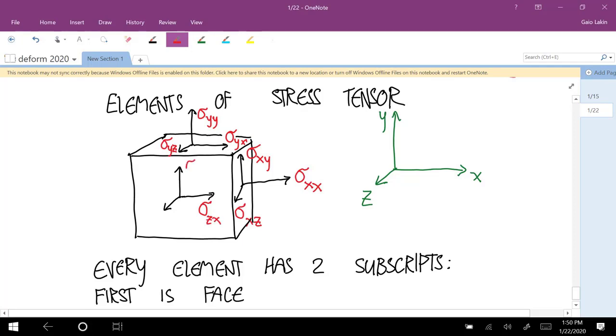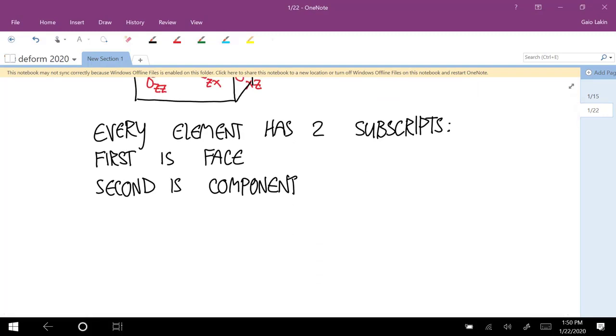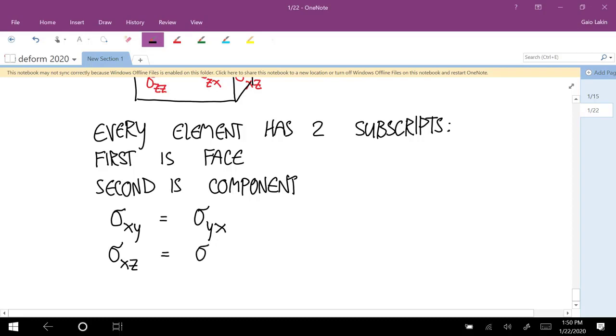This is ZX, ZY, and ZZ. That's 9 values, but the requirement to prevent angular acceleration says sigma XY is equal to sigma YX, sigma XZ is equal to sigma ZX, and sigma YZ is equal to sigma ZY.